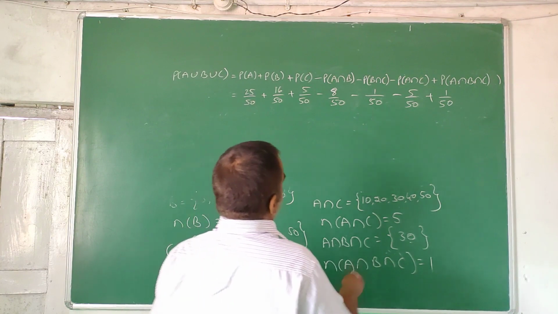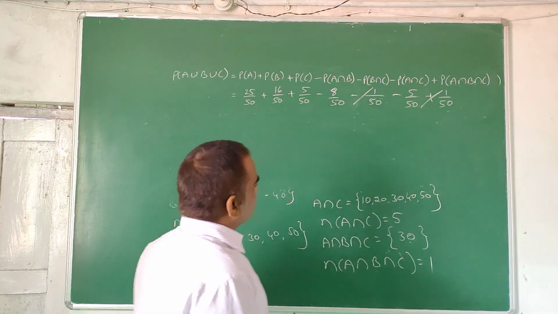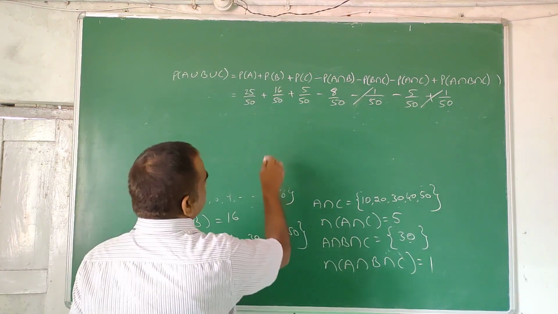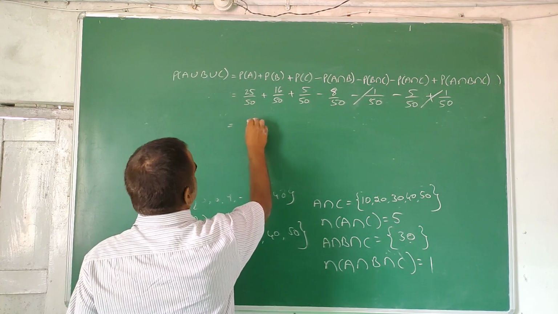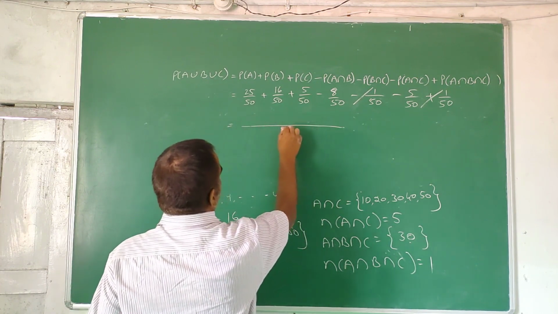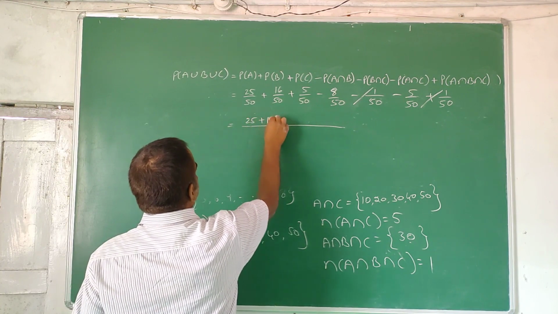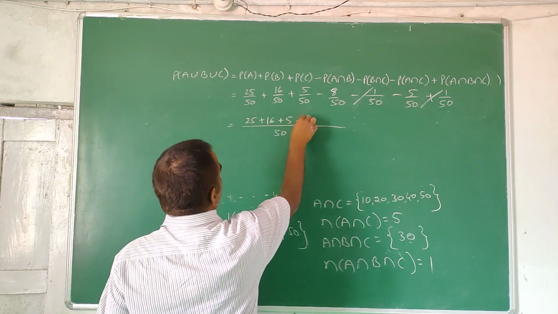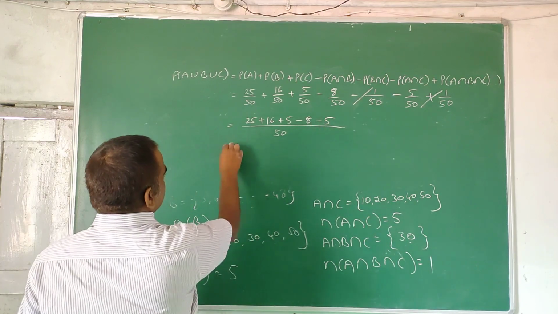Now what will happen? This minus 1 by 50 plus 1 by 50 get cancelled, right? Then this is 50 if you take LCM, 25 plus 16 plus 5 minus 8 minus 5, right?